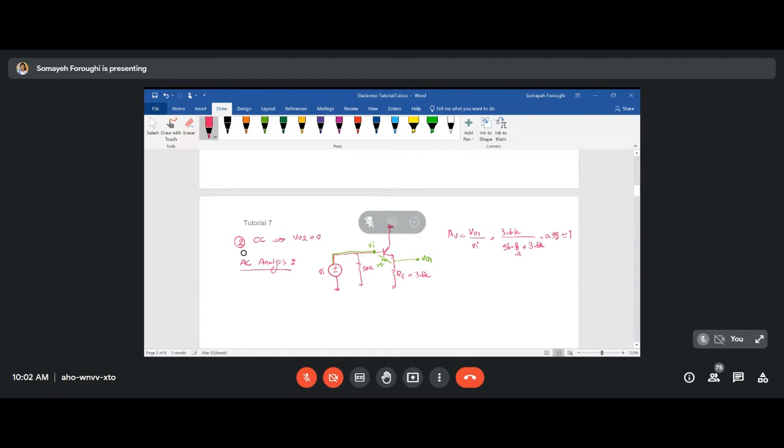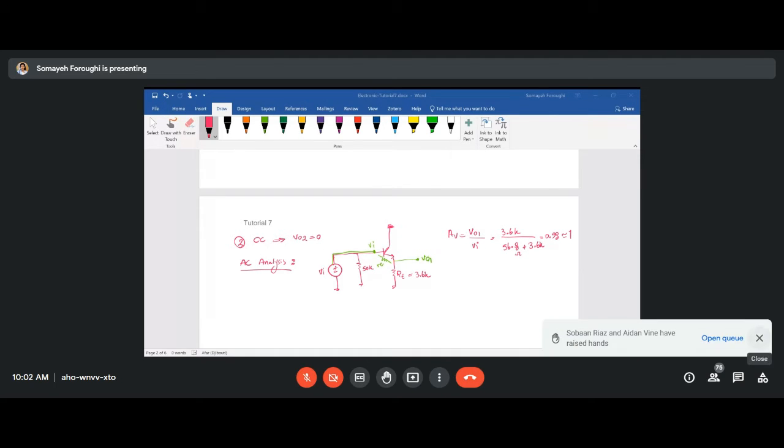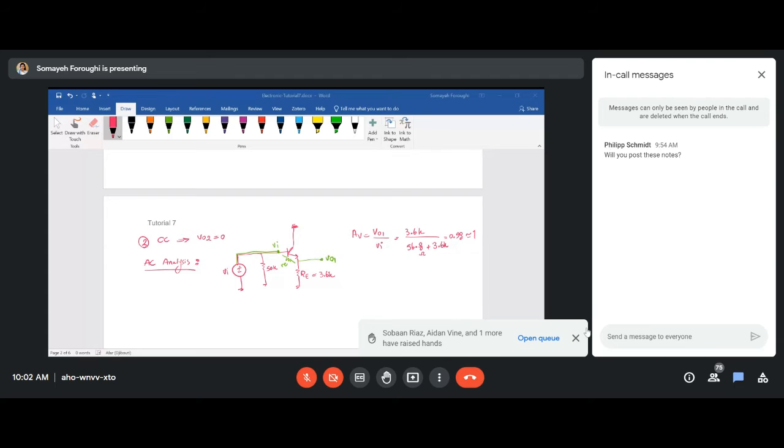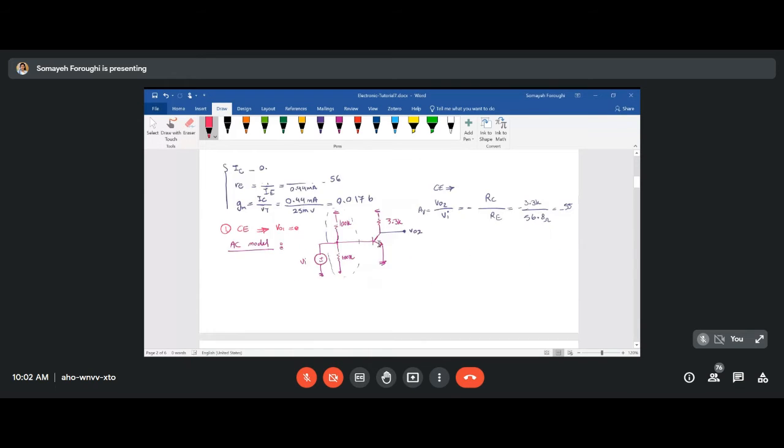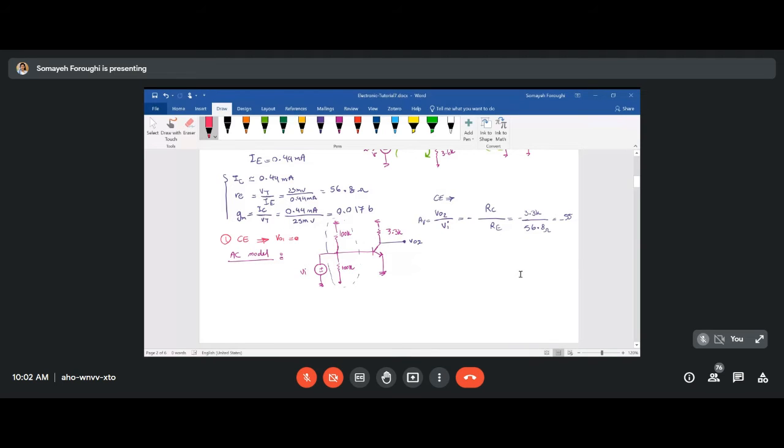Now let's go ahead and find your question in the queue. Okay, I have many students here. Soban, please go ahead. Yes, I had a question for part one where we're looking at the common emitter. In the past, we've shifted any resistances on the base to the emitter using the resistance reflection.